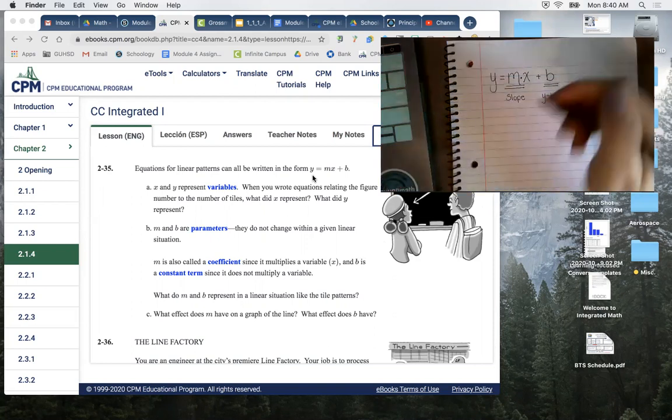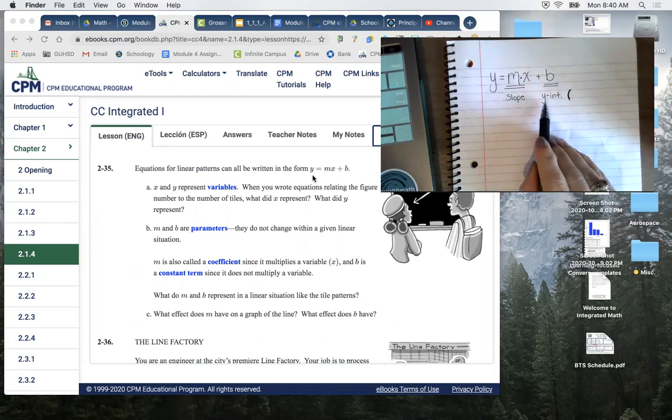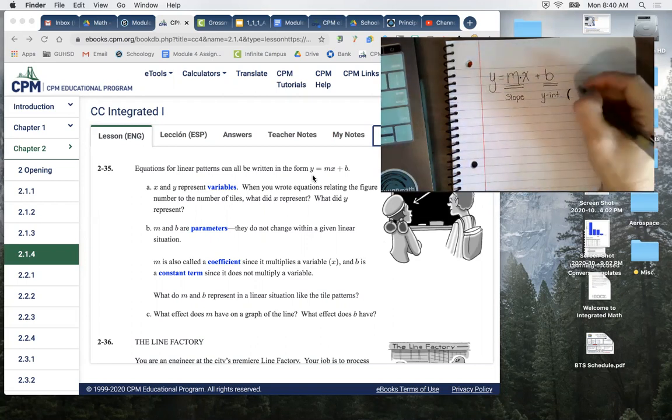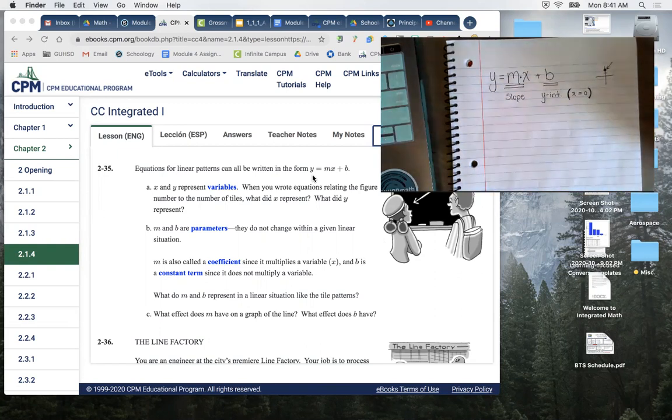Okay, y-intercept. Something very important to understand: a y-intercept in this class is when your x is equal to 0. If you really think about that, that's exactly what a y-intercept is. A y-intercept is when it crosses the y-axis, like at this point right here at 2, I have a y-intercept.